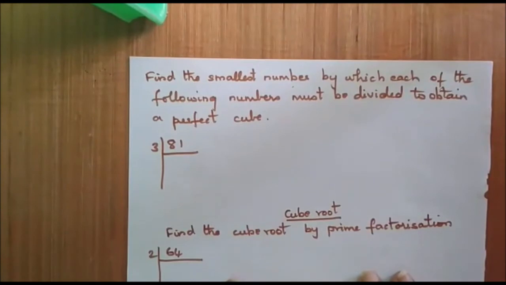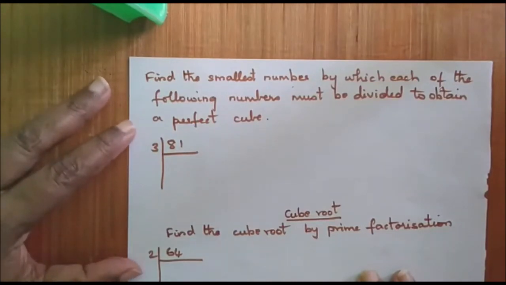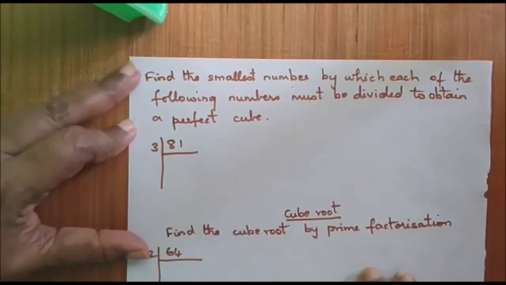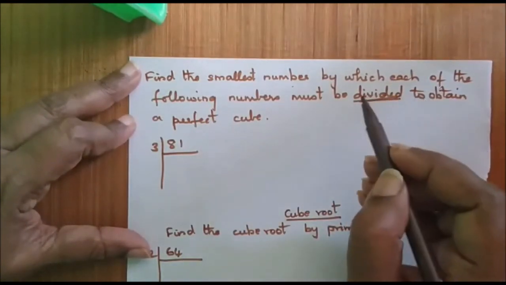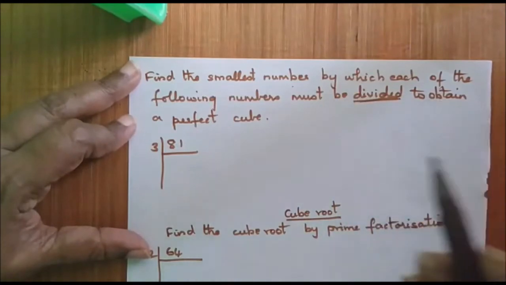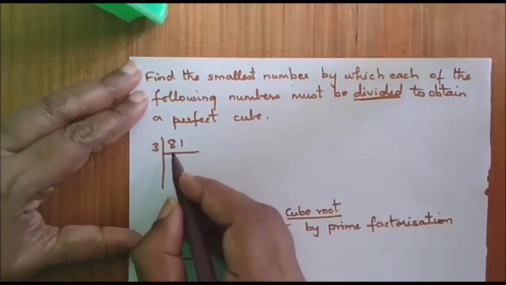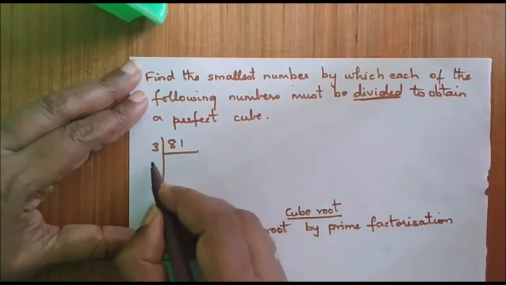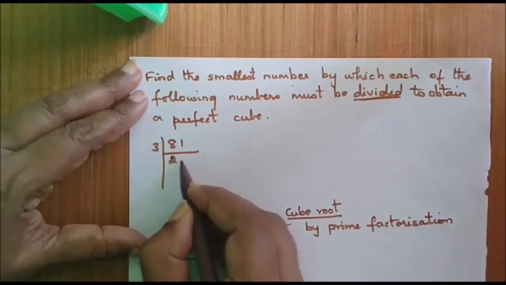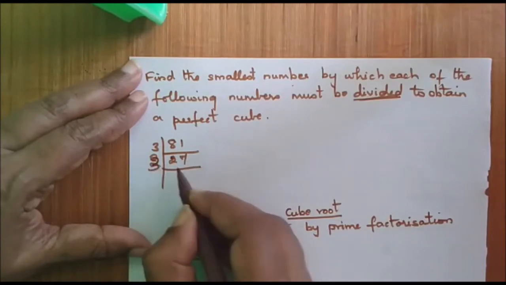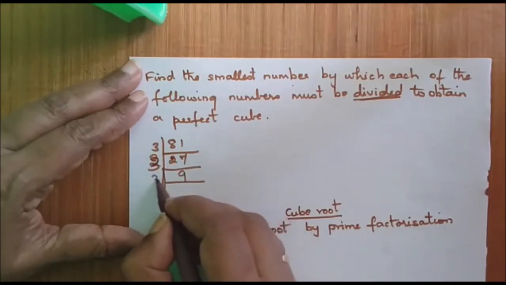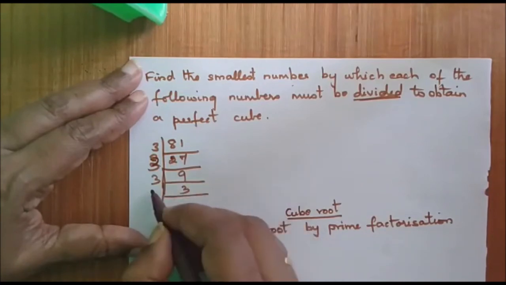Find the smallest number by which each of these numbers must be divided to obtain a perfect cube. In order to get a perfect cube, what is the number with which I should divide? Previously we saw multiplication. Now you have to divide. So let the given number be 81. It goes in 3, 27 times. So 3 goes in this 9 times. 3 goes in this 3 times.